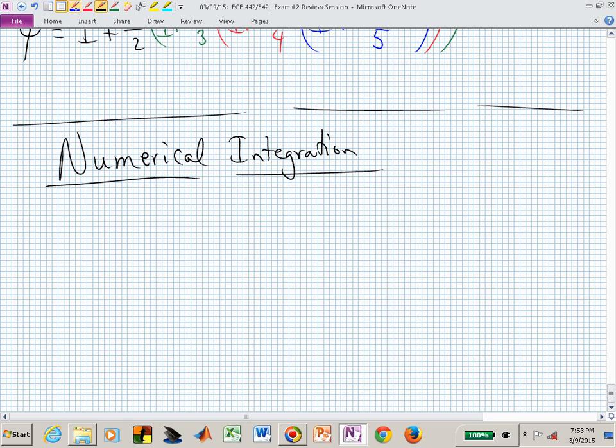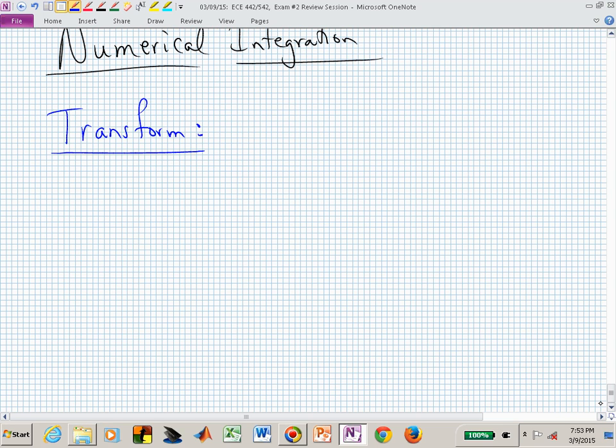Let's talk about the transform case first. We looked at 3 different possible ways of numerically integrating a waveform.